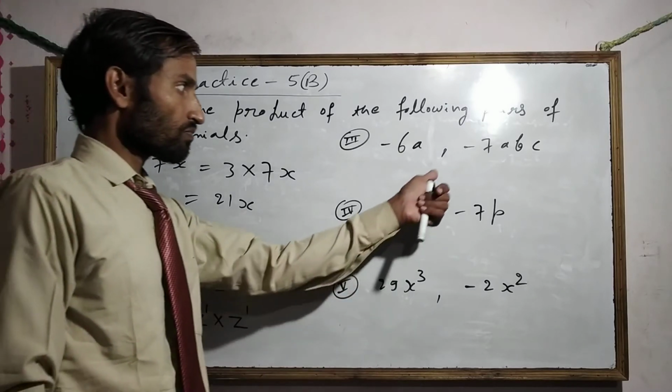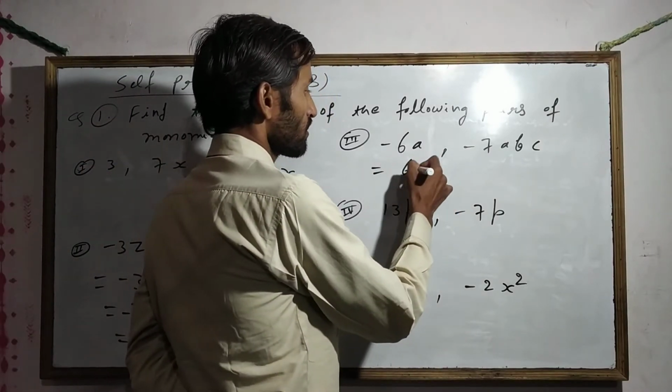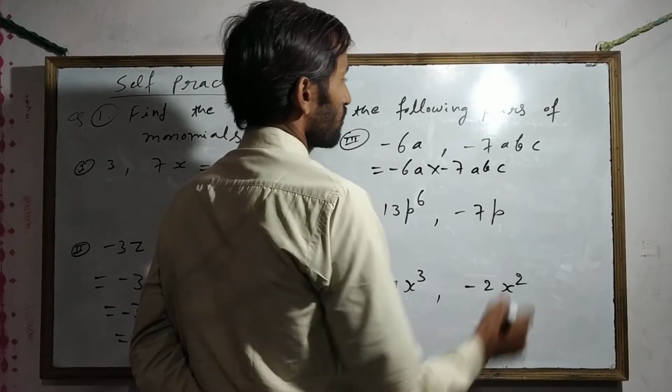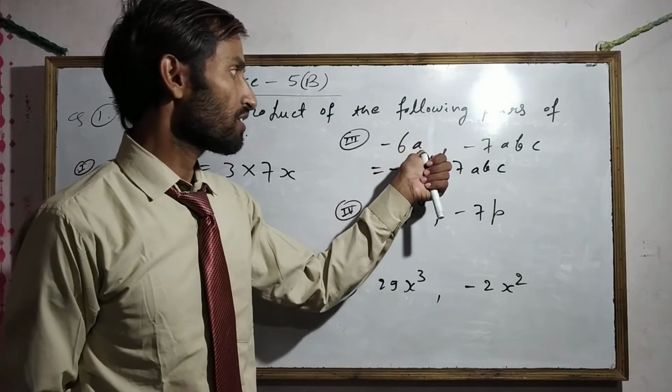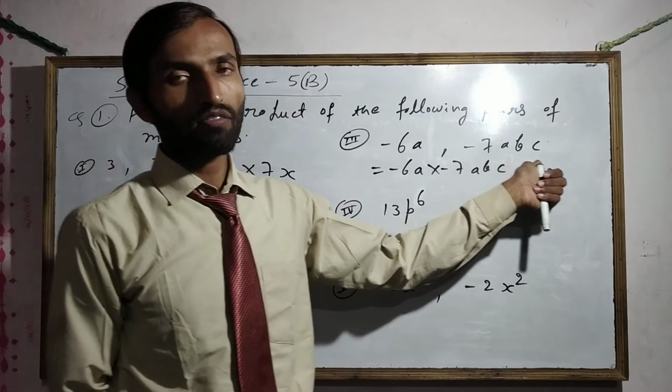Next one, again we follow the same method: -6a multiplied by -7abc. Here, in the first monomial a is the variable, and in the second monomial abc, three variables are there.